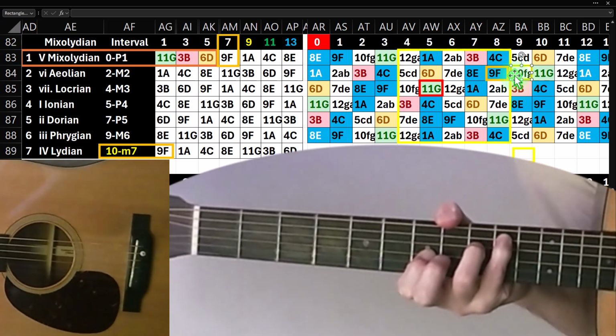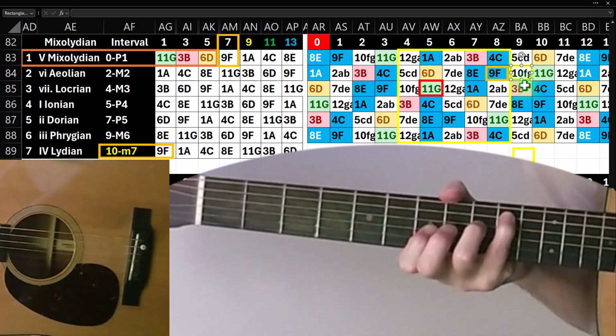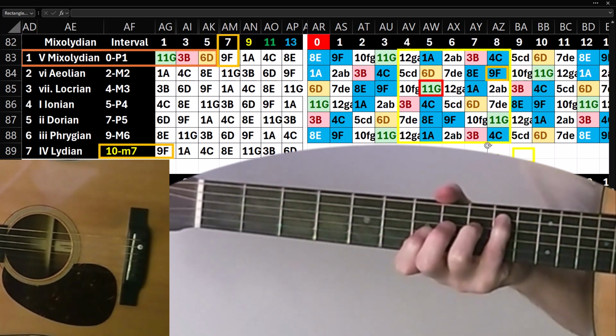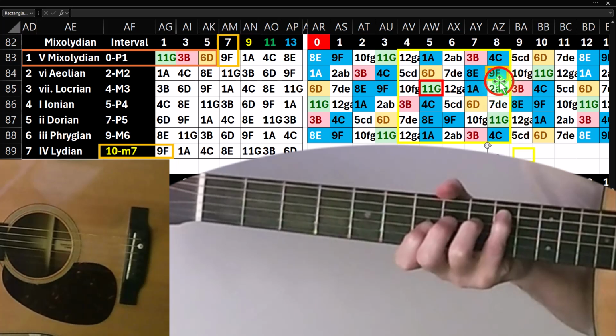You can try to blur the line there a little bit. Then we're going to say, what if I go up 2 strings?